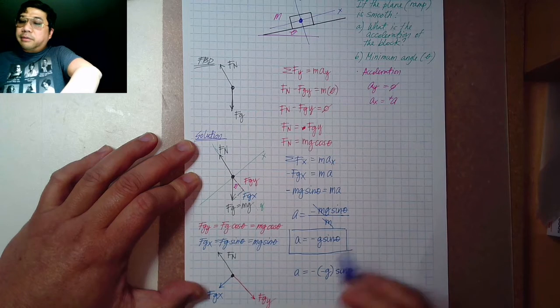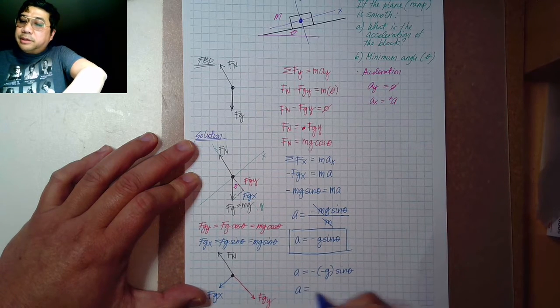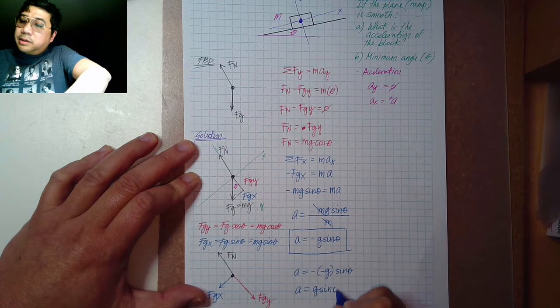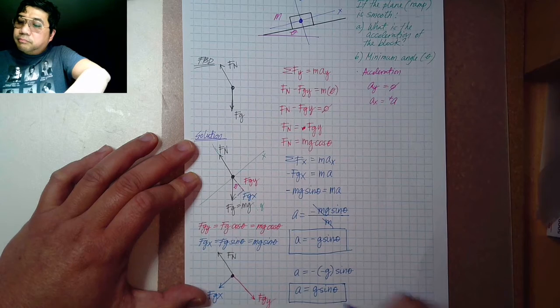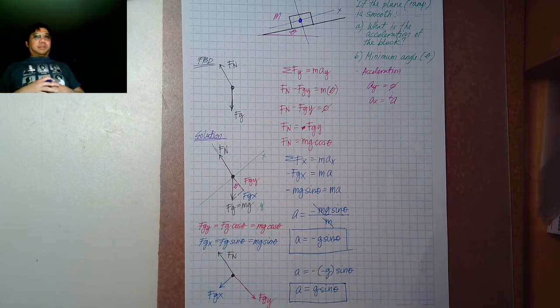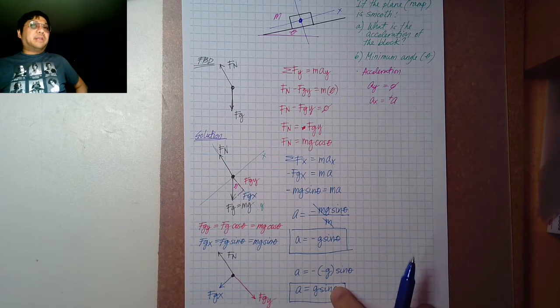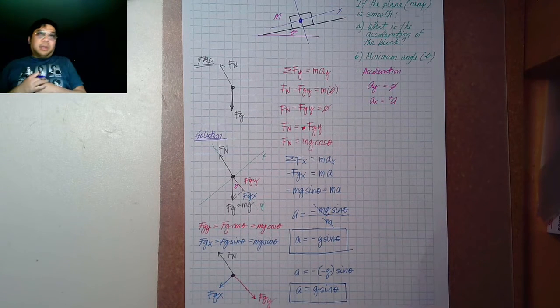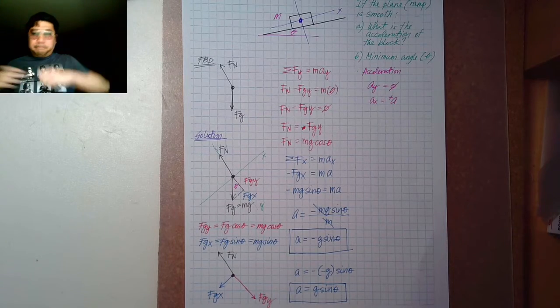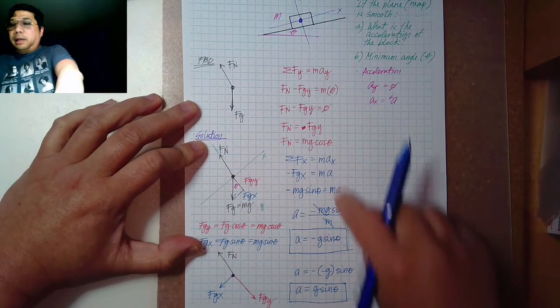So that's negative and negative, so we can cancel it to positive g sine theta. So it's either negative g sine theta, or we can just say A is the acceleration due to gravity multiplied by sine theta. So that's for letter A.